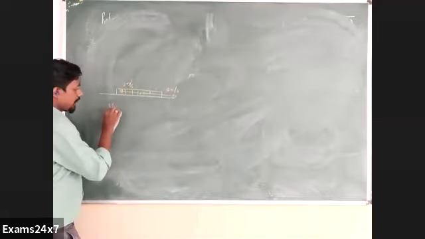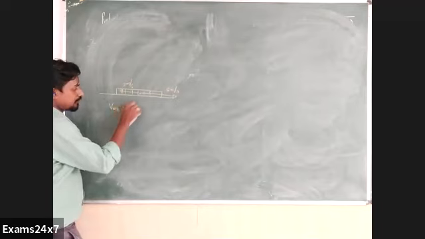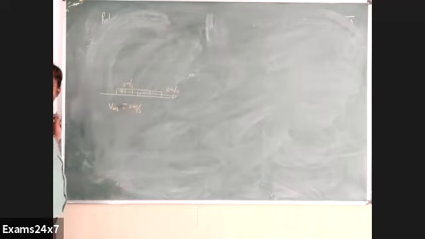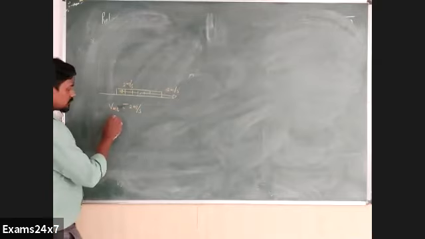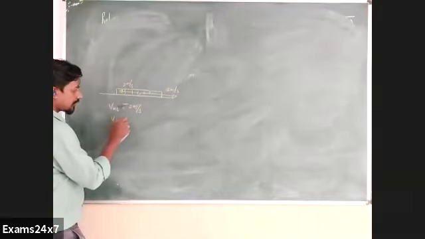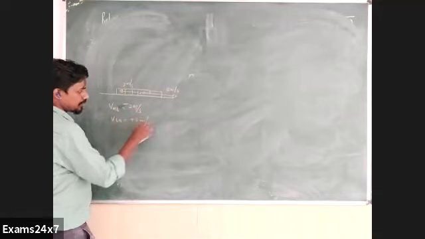Since it is opposite direction, I can write minus 2 meter per second. Velocity of train with respect to ground is plus 2 meter per second.